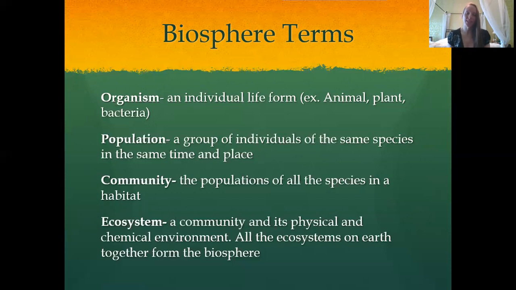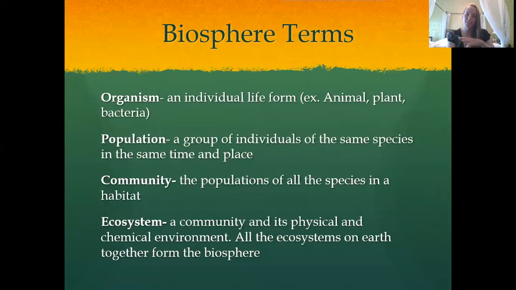The community is then all of the different populations of all the species in that habitat. So if we're looking in just one area where that white-tailed deer population are, the community would include, you know, all of the bunnies and all of the turtles and all of the squirrels and all of the trees.